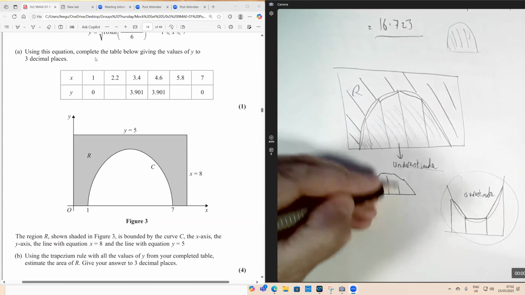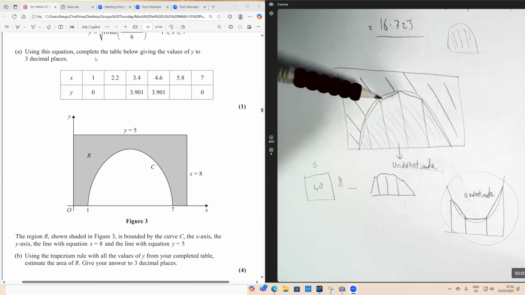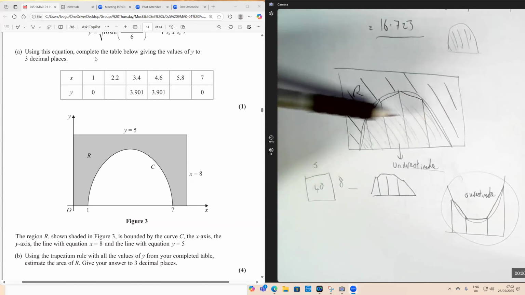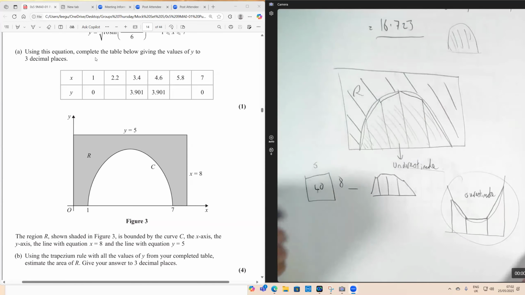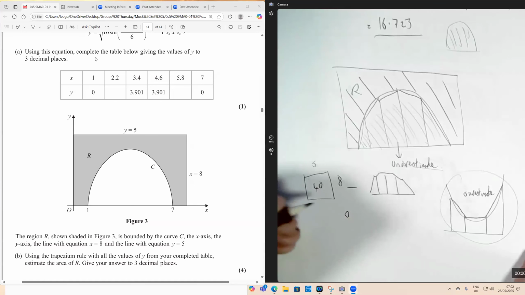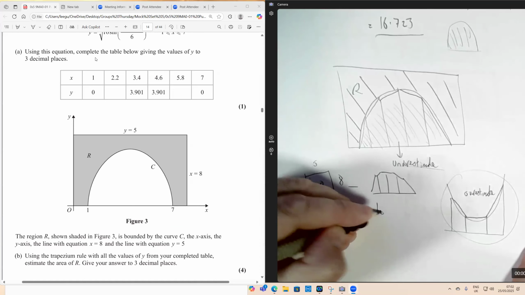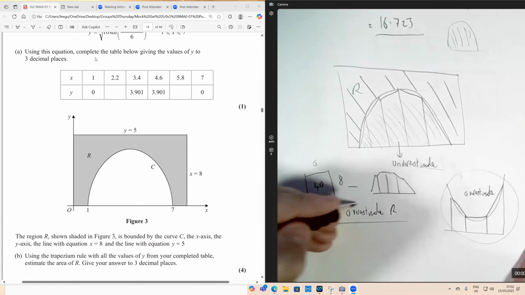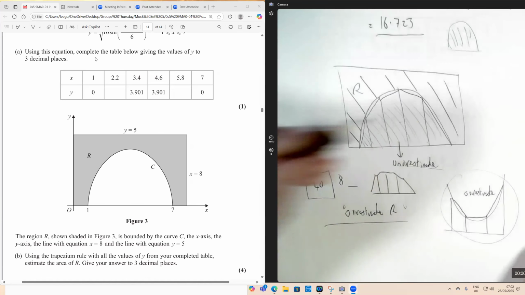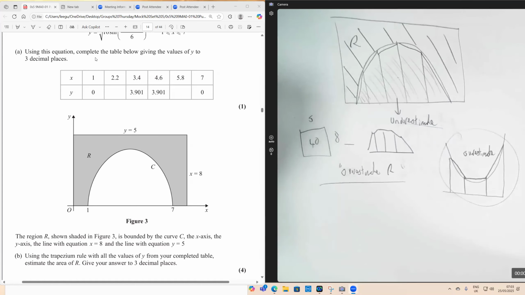Because of this, we're going to be including in our value for R all these extra little bits that were missed out when we did the trapezium rule. So we're going to end up with an overestimate for R, because we've got these extra bits. A little unusual twist just to be aware of in this question that could catch us out.